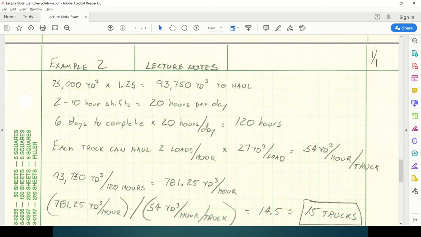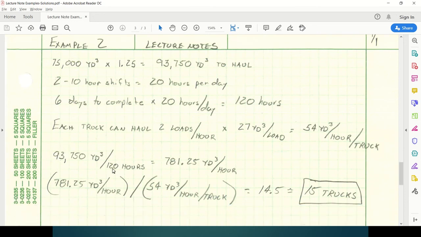So if I need to haul a total of 93,750 cubic yards in 120 hours, I need to haul 781.25 cubic yards per hour.